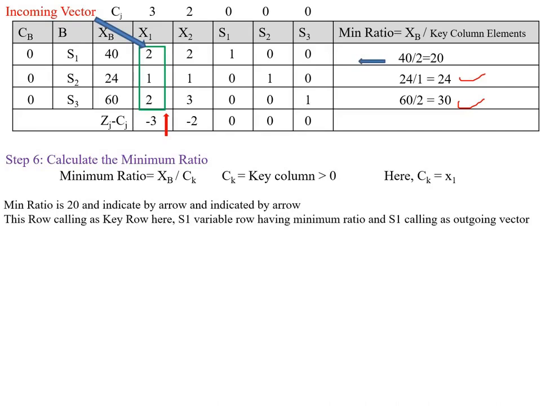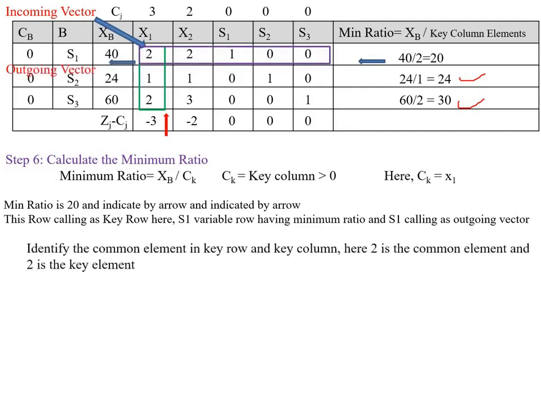Here the S1 basic variable row has the minimum ratio, so this row is the key row, and the respective basic variable we call the outgoing vector. Here S1 is the outgoing vector.